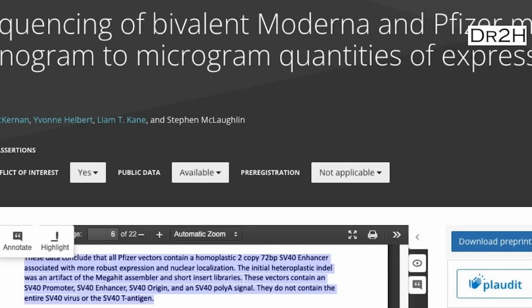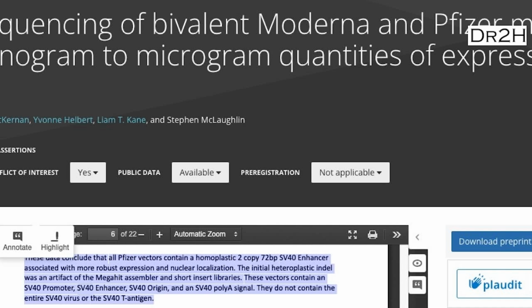On the other hand, based on a preprint study, it is confirmed that a small DNA sequence from the SV40, called a promoter sequence, is present in the entire plasmid construct that is used to make the messenger RNA. It is important to know that it is not the entire SV40 virus in that plasmid.